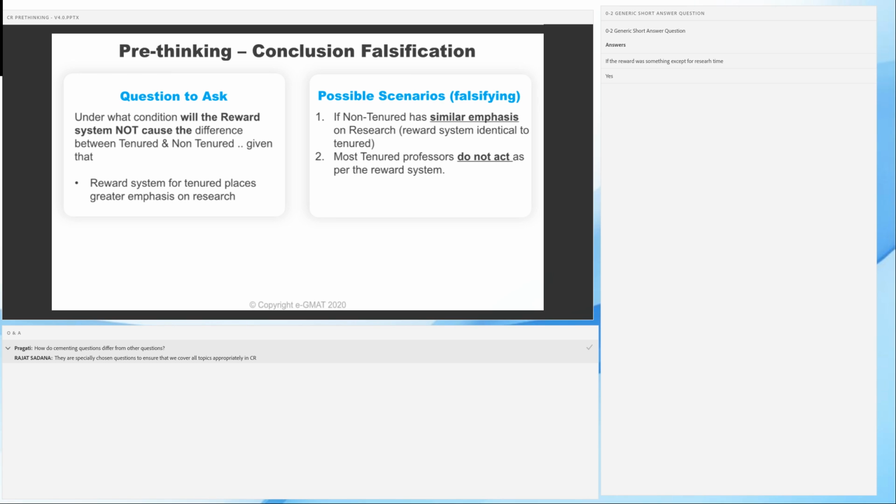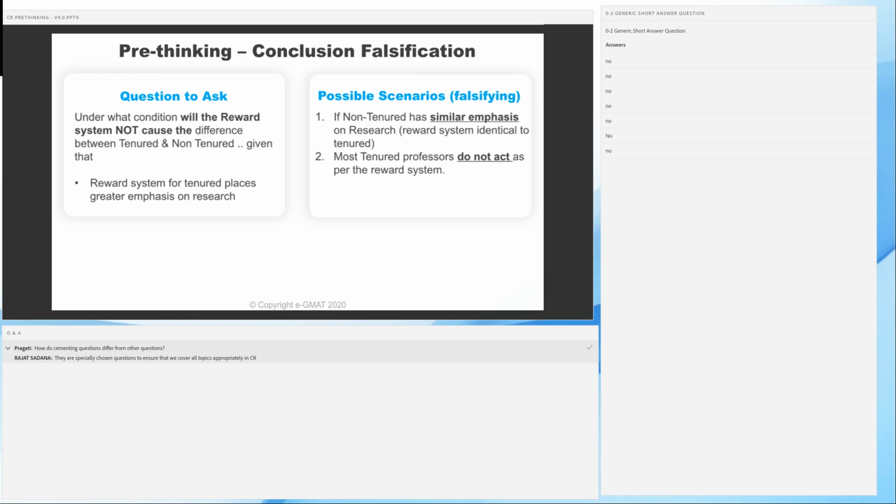What if the non-tenured faculty has an identical reward system, which means there's no difference between the reward system for either one? Then in that case, can we blame the reward system? No. If both entities have the same reward system, they have the same incentive, and one produces better results than the other, then you can't blame the incentive structure. The blame has to be with the entities or the inputs that the entities are working with.